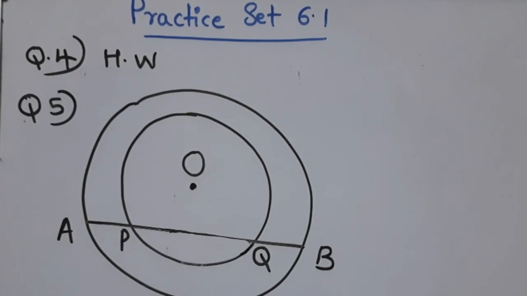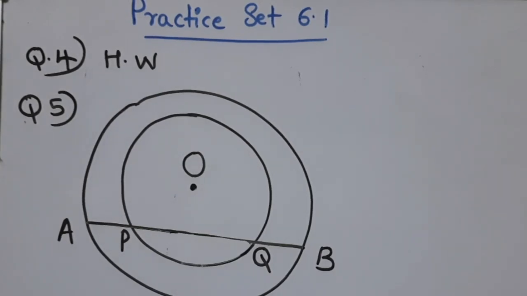Since it is a show that or prove that type of question, we have 4 steps given to prove: given, to prove, construction, and then proof. Now why we need construction here is in order to use the theorem of perpendicular bisector.